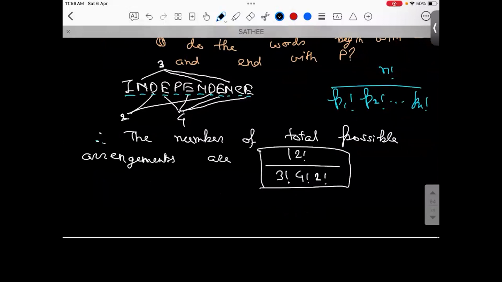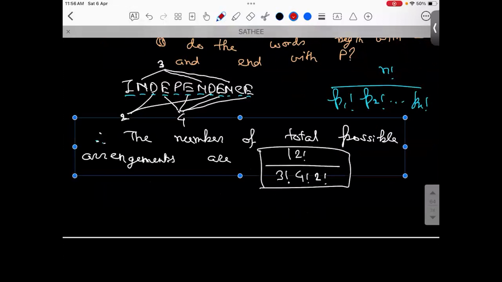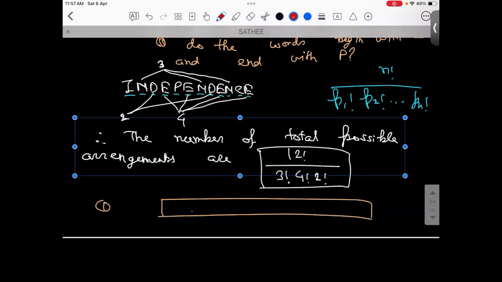Fine. Now come to the first case. Here in the word, there are 12 letters, right? 1, 2, 3, 4, 5, 6, 7, 8, 9, 10, 11, 12.